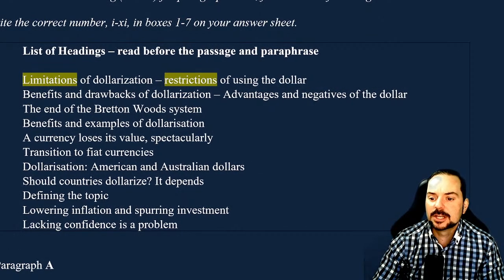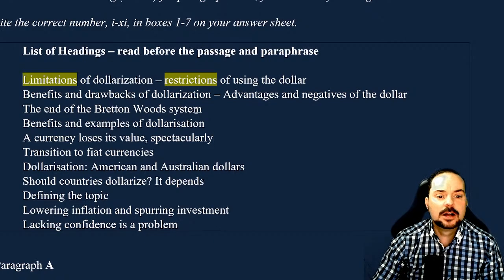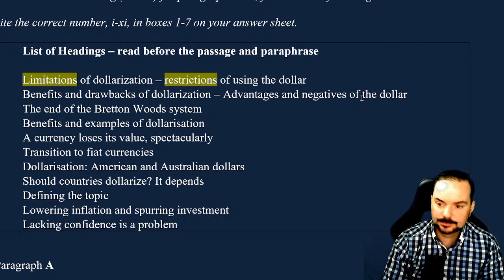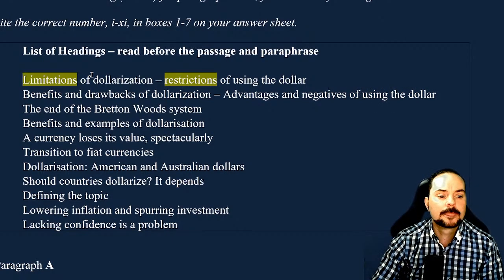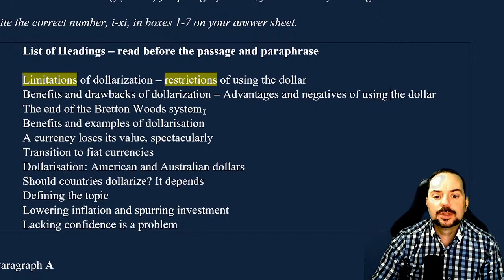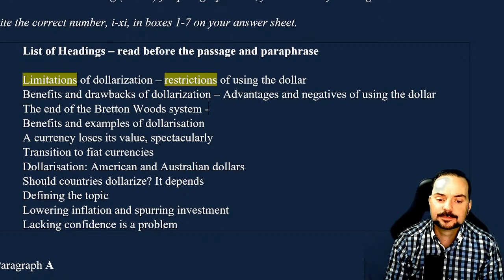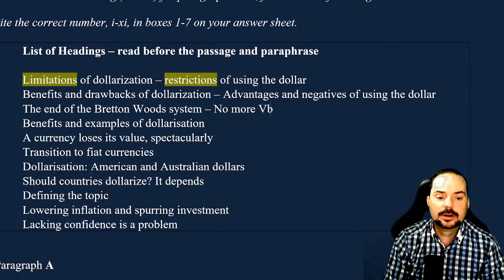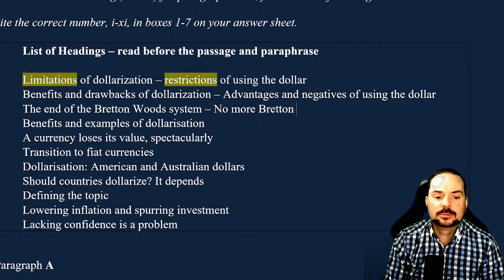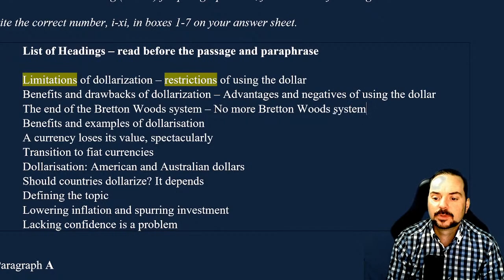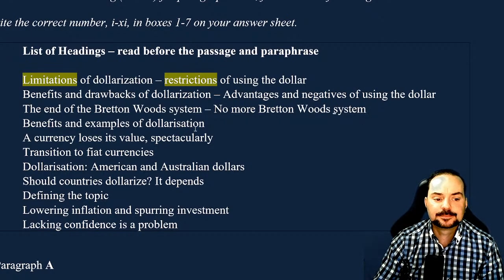Okay, try to be concise with these. So benefits and drawbacks of dollarization, advantages, negatives of the dollar or of using the dollar. Okay, the end of the Bretton Woods system. Okay, no more Bretton Woods system. Sure. Okay, paraphrase quickly.